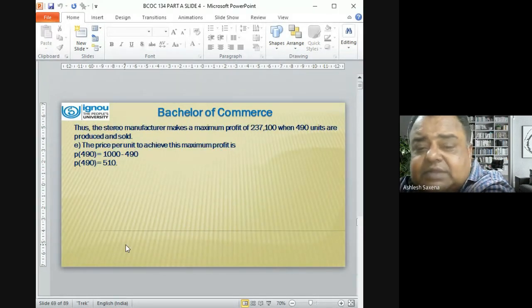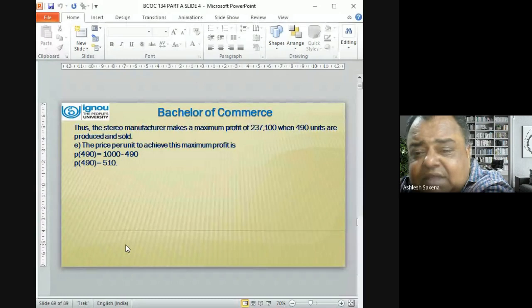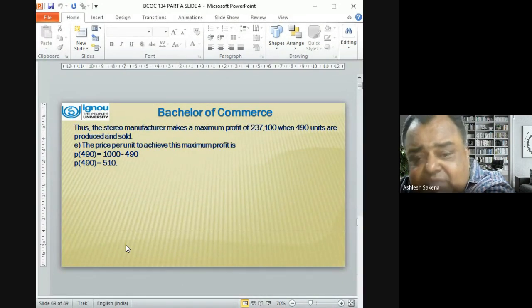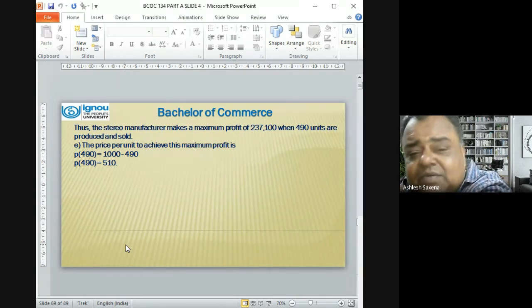Thus, the studio manufacturer makes a maximum profit of 2,37,100 when he produces 490 units and sells them. What is the price per unit to achieve the maximum profit? That is 1000 minus 490, which is equal to 510.